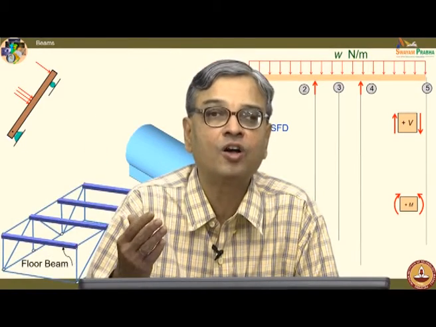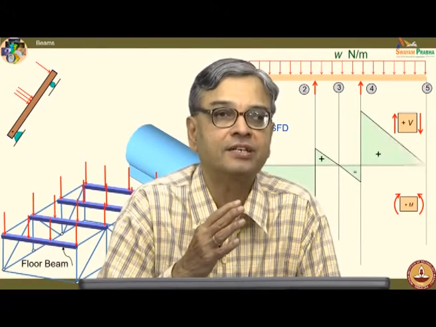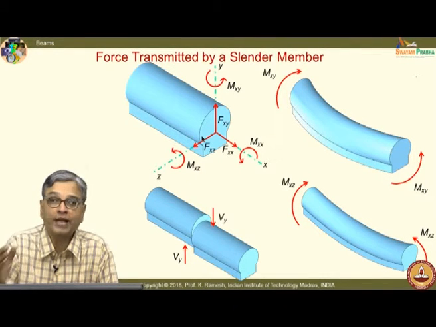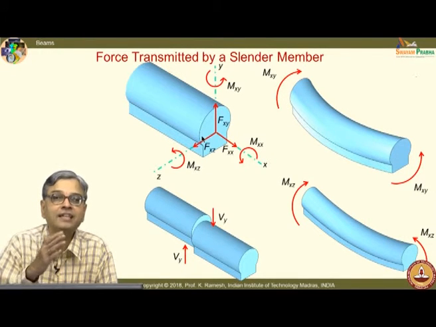Whatever forces you determine helps you to calculate the resistance. On that basis, you go and decide the cross-sectional dimensions. So, one of the requirements is how these forces vary along the length of the beam. That would help you to determine the critical load and design the structure or the cross-sectional dimension based on the critical load.